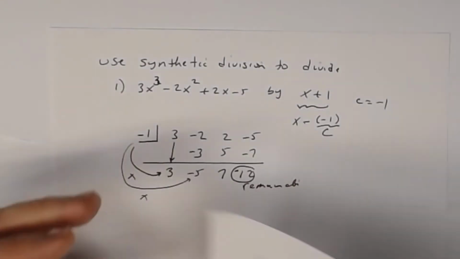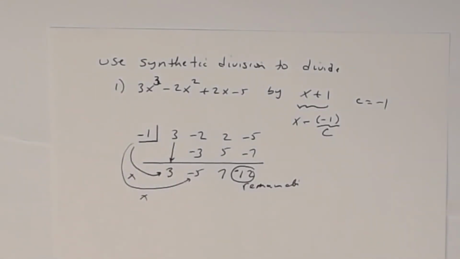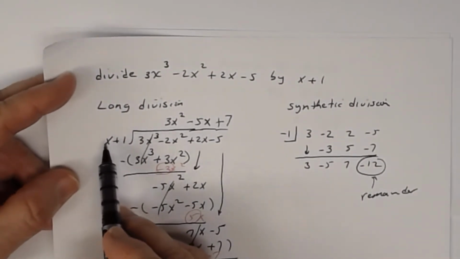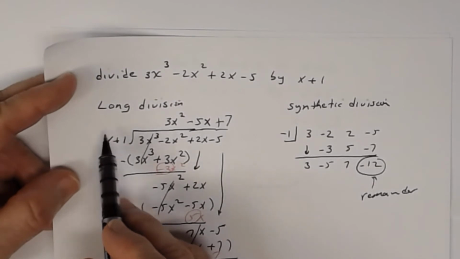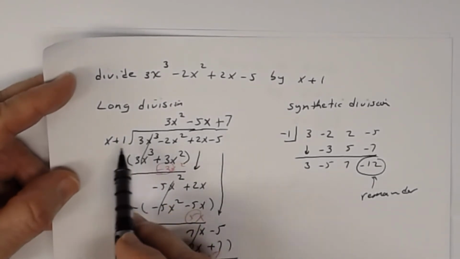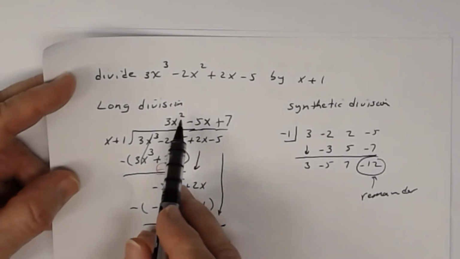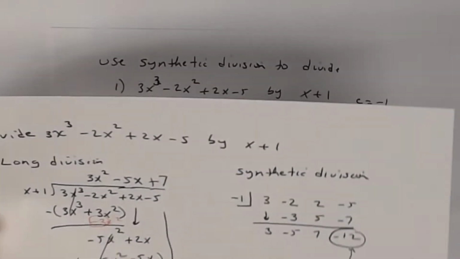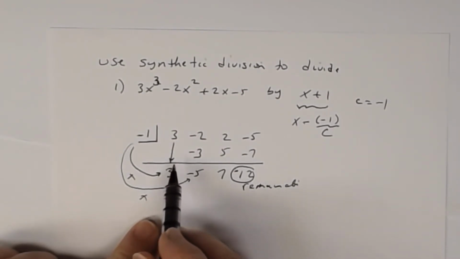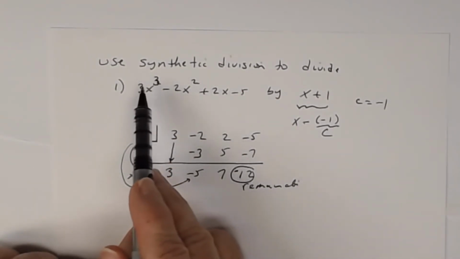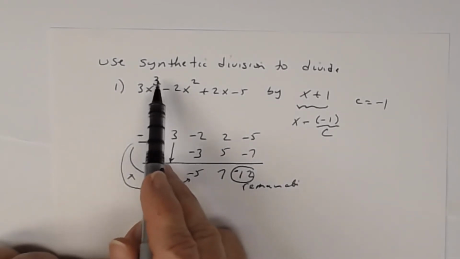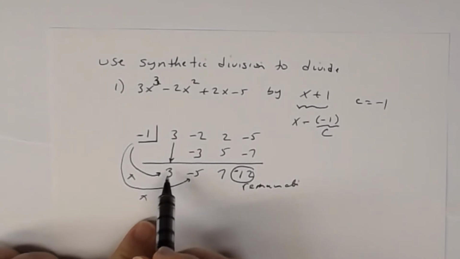So what you have to remember is this: since my divisor had a degree of 1, x to the first, when I divided x into the leading term, 3x cubed, x into x cubed is x squared. So always remember that if the leading term of my dividend was x cubed, my quotient will then be x squared.